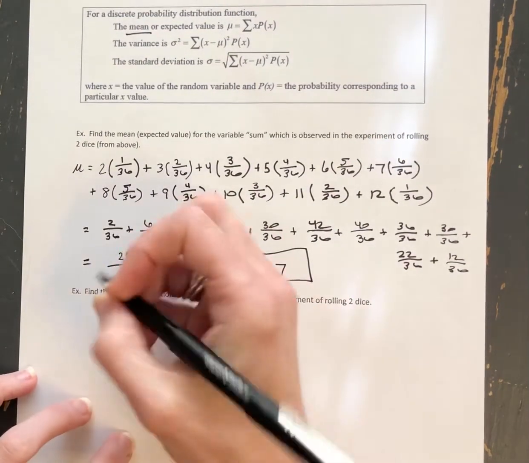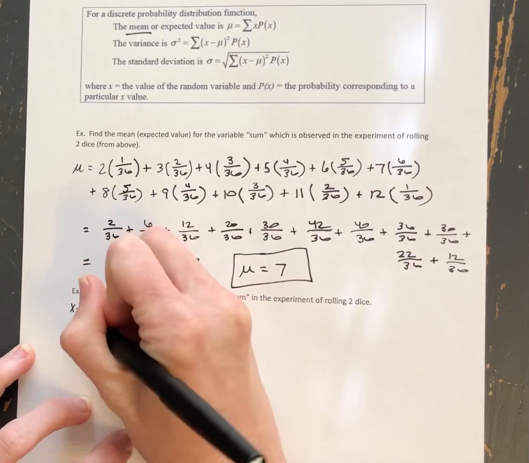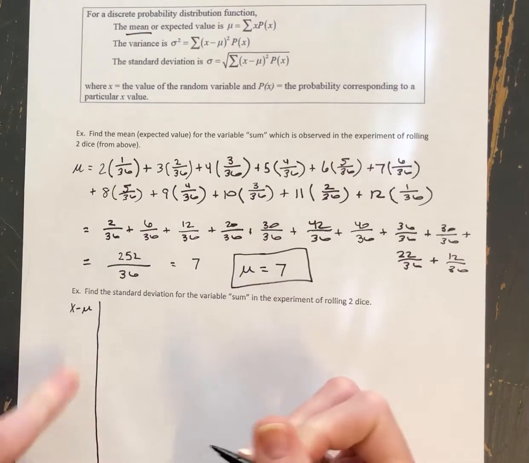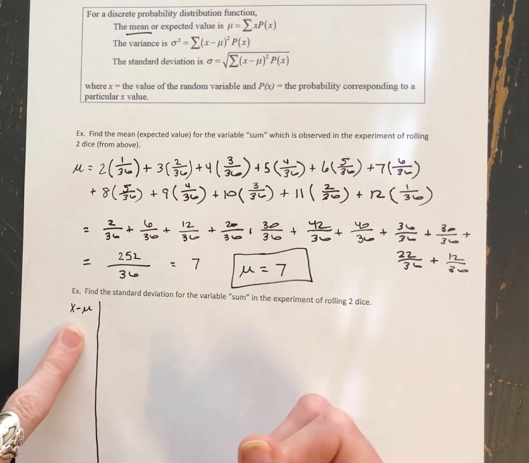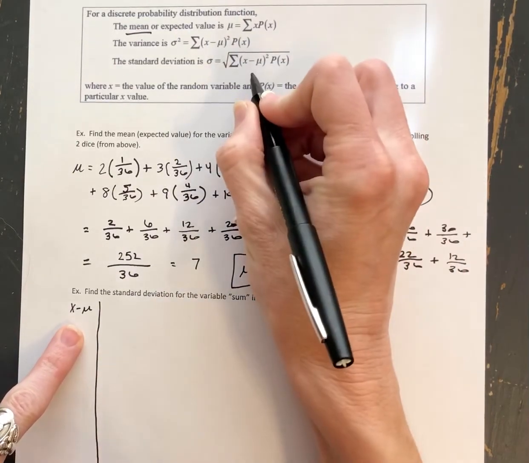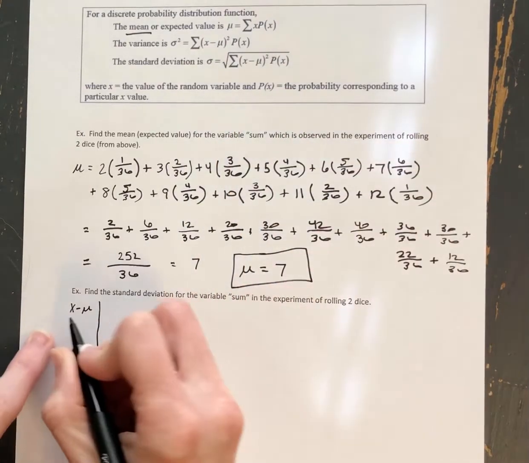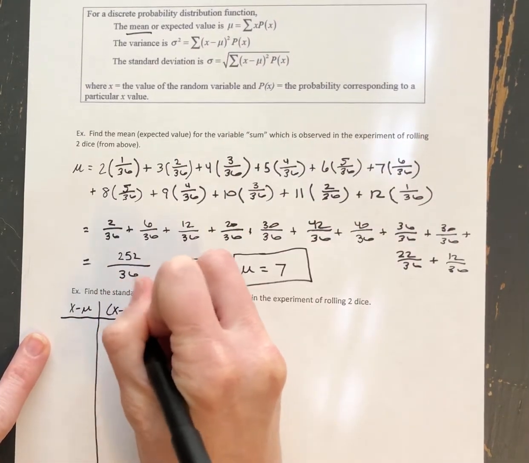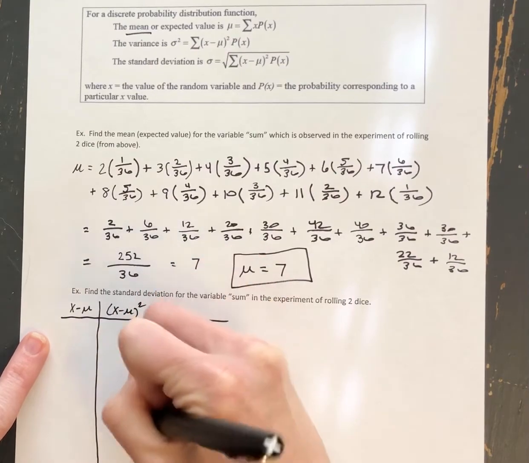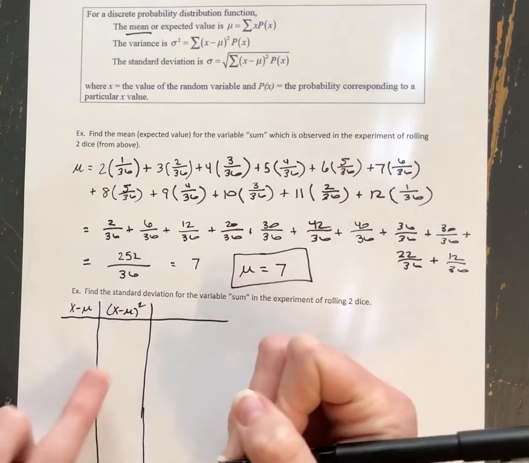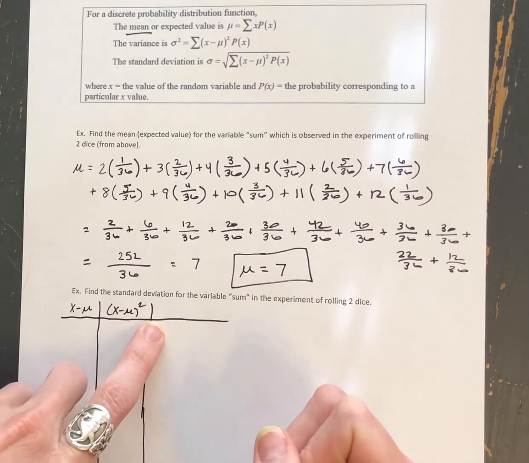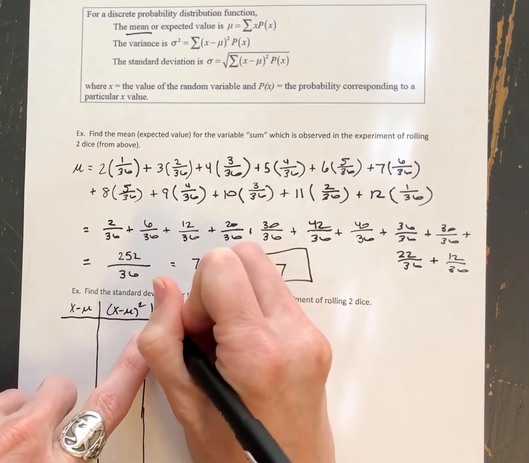I'm going to do this using a table. So we're going to need to take x minus mu, right, from here. We're going to need to square each x minus mu value. We're going to need to multiply it by its probability.